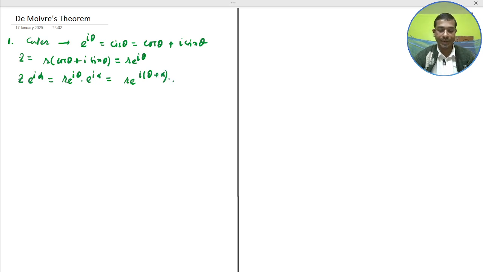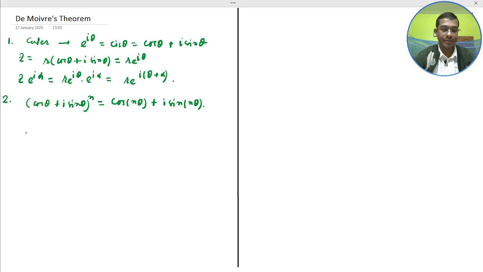Next, de Moivre's theorem, very important. De Moivre's theorem for integral index: (cos theta plus i sin theta) to the power n is equal to cos n theta plus i sin n theta. This is another form, with cos theta minus i sin theta, here would be the minus.